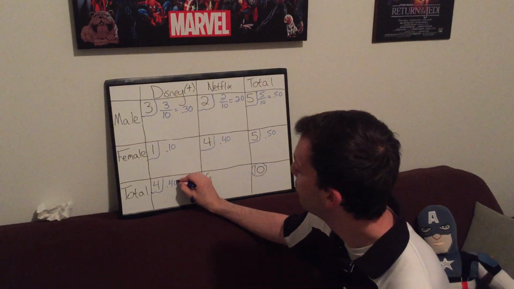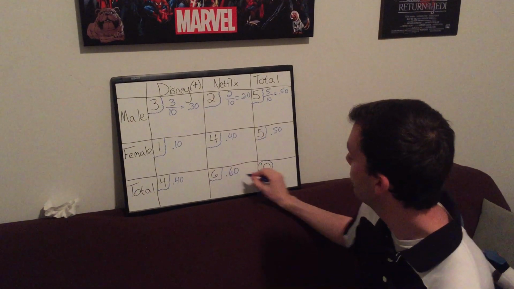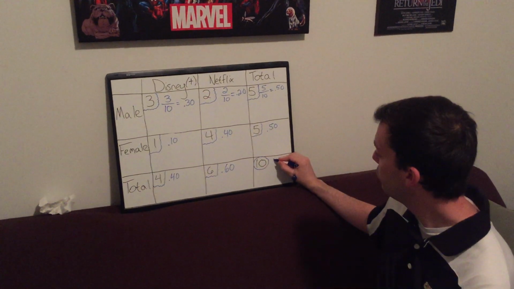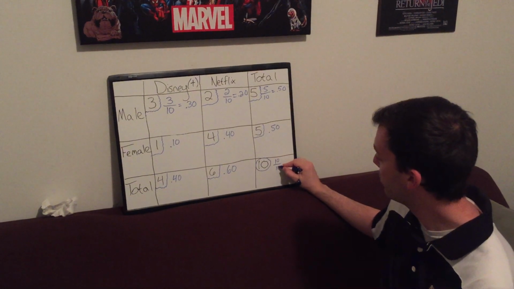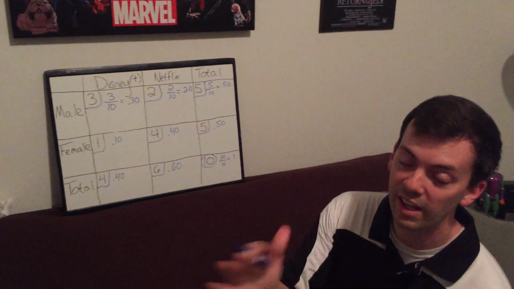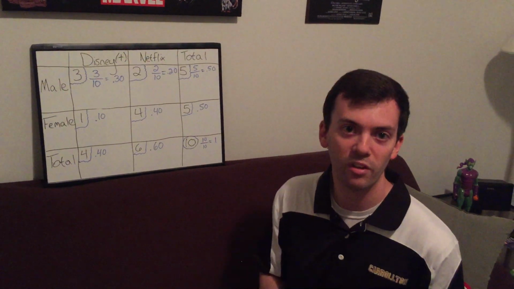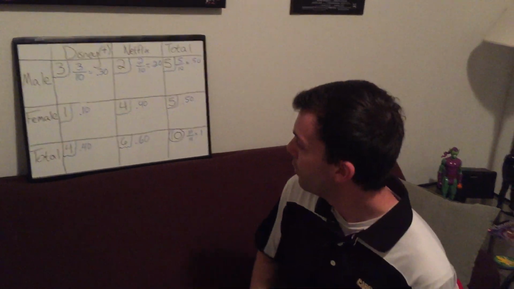Then 0.40, and 0.60. And then right here, if you do your grand total divided by your grand total, you should always be left with 1. So your bottom right for everybody should be 1. Now, of course, the decimals in your relative frequencies will probably be different for everybody because you've interviewed different people.